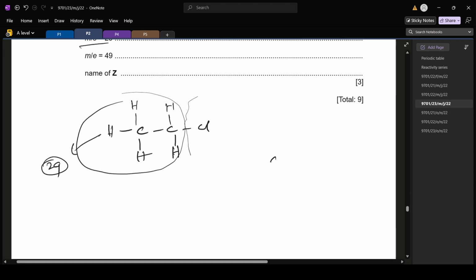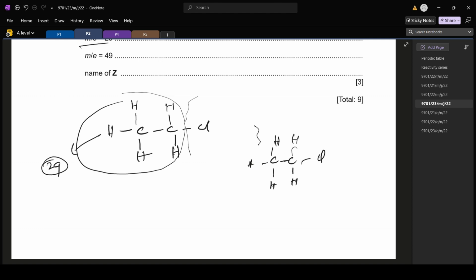And then if I break the same molecule from here, this part will give me the peak.